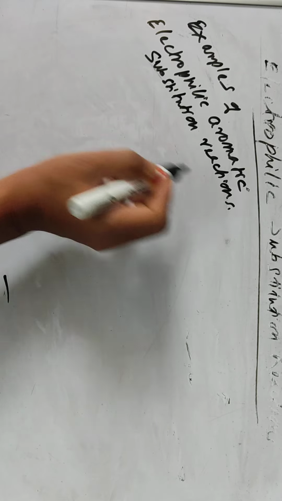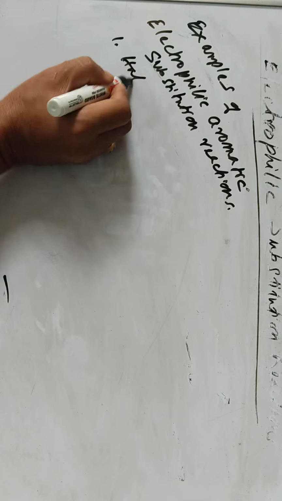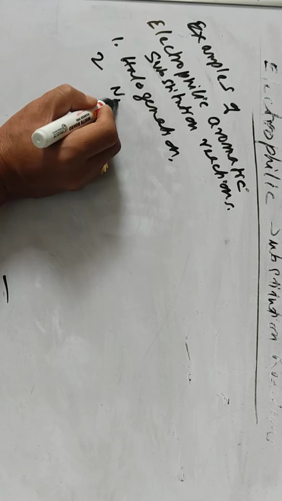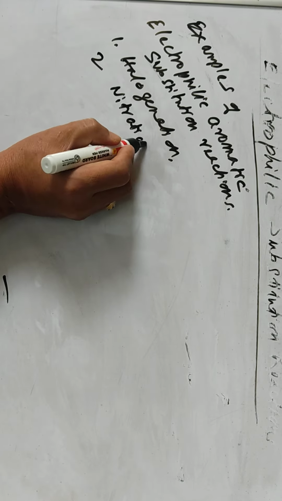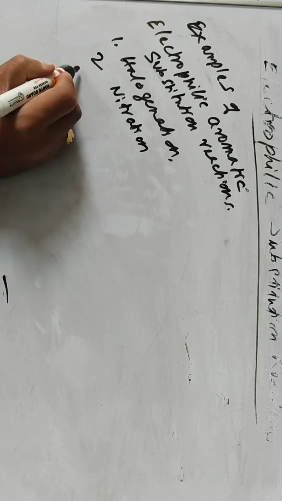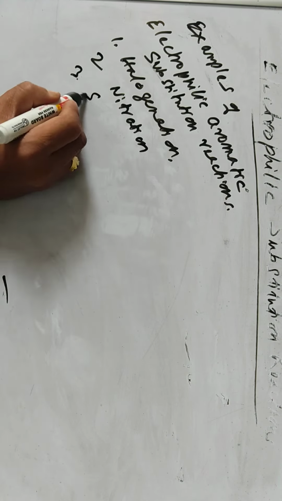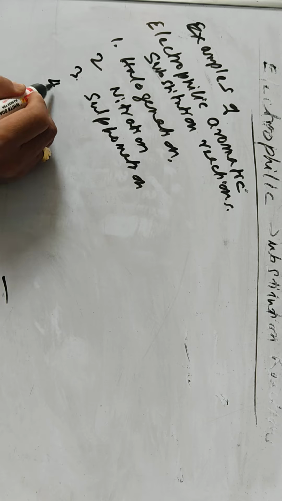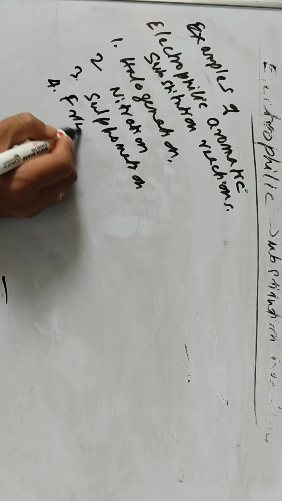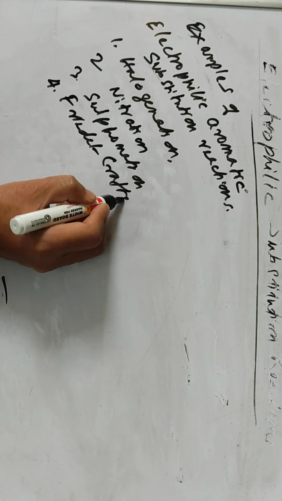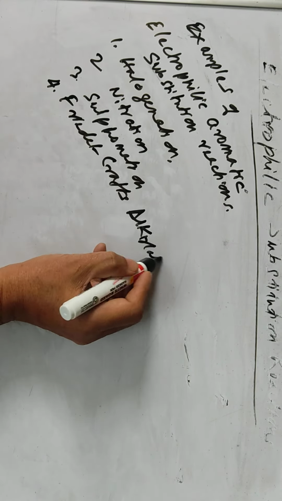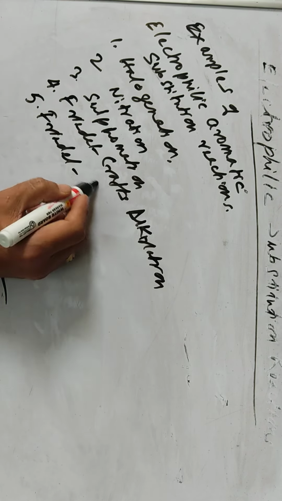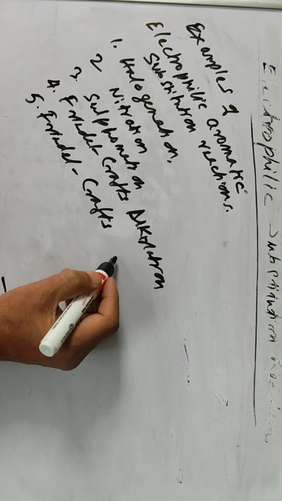Number one, halogenation. Second is nitration, then sulfonation, then Friedel-Crafts alkylation, and then Friedel-Crafts acylation.